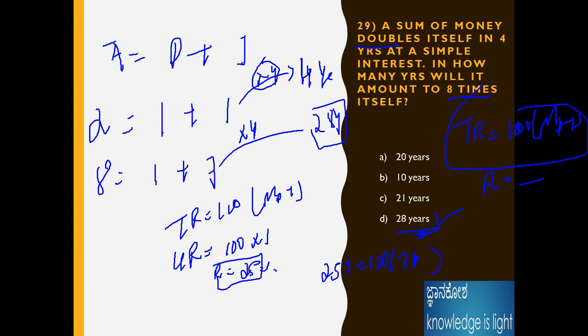T is equal to 25 for the 100, 7 for the 28 years. Either apply this logic or that, the answer should come the same, friends. No need to worry about anything. Okay, next problem.